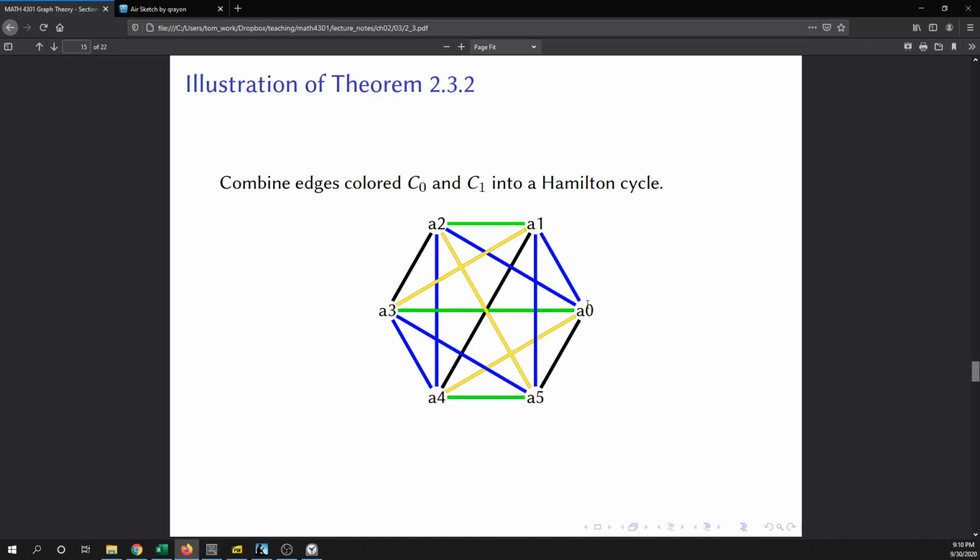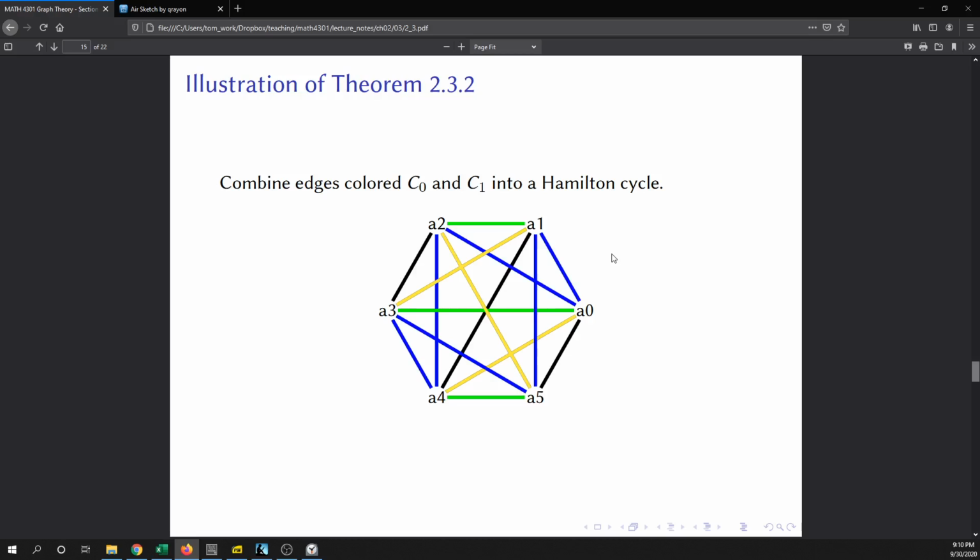We're just after the decomposition. The blue edges along with their endpoints form a Hamilton cycle. If I start at A0, I go to A1, A5, A3, A4, A2, A0. So that's a Hamilton cycle.